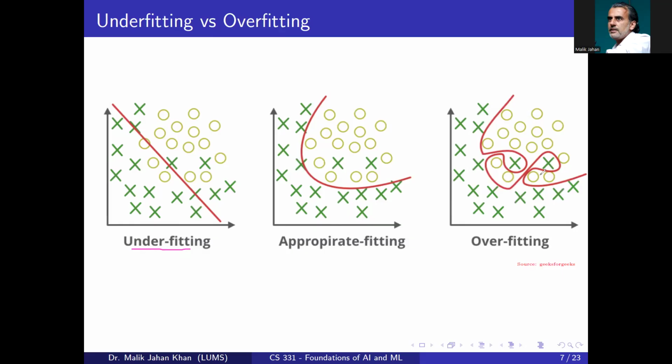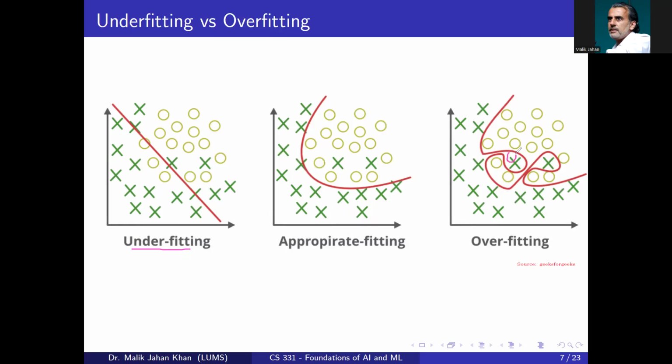But the underlying actual phenomenon might not be that complex. This red learned line might not be a good representative for classifying items of these two classes. So over here, the model has become overcomplex, and the training error is practically zero in this example. So if, for example, I just bring in some small new item over here.